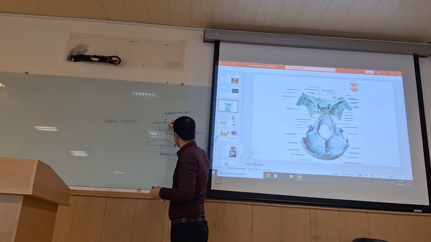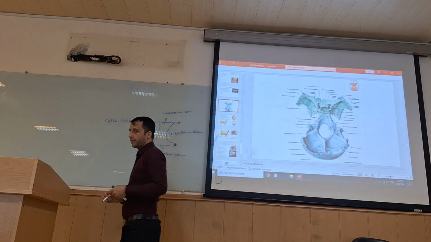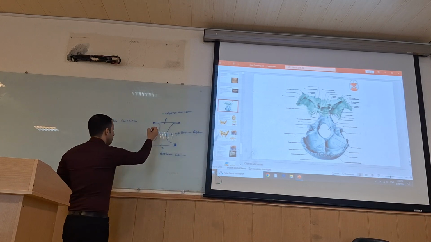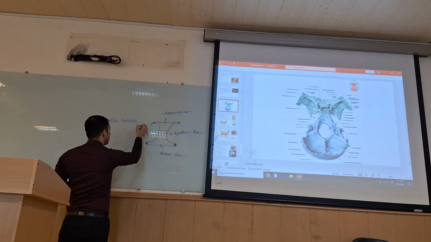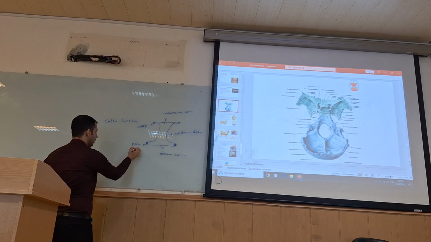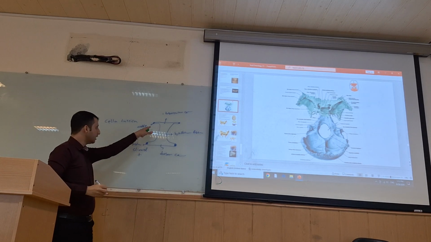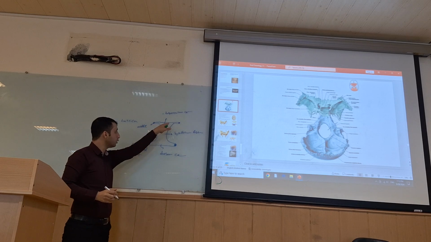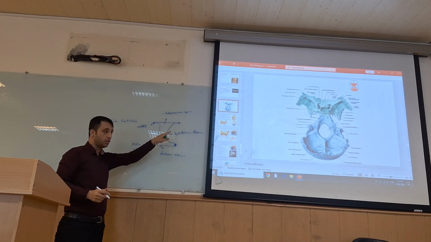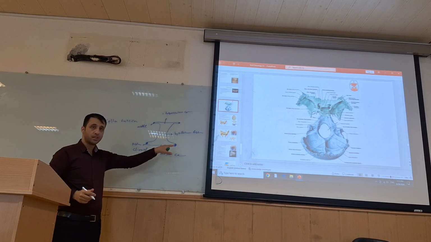Okay, at this area and at this area. They are named middle and posterior clinoid tubercle. The middle clinoid tubercle is located lateral to the tuberculum sellae. The posterior clinoid tubercle is located lateral to the dorsum sellae.